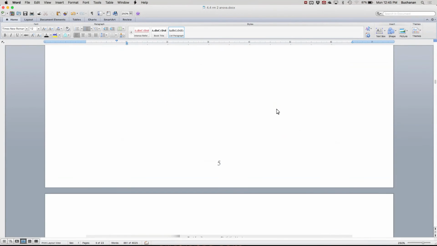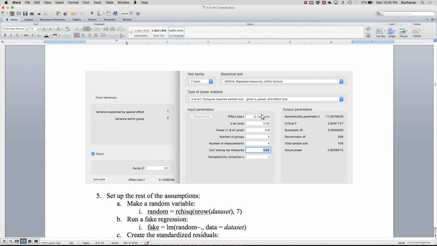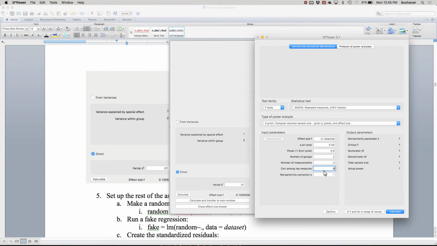So when I did that, I actually included a check yourself here to make sure you understand what's going on. So for power, if I change that to 0.62, this will show you how much the correlation matters. We went from 30 people to 100 people. So you want it to be correlated, because it's the same person over and over again. The less correlation, the less power, and the more people you need.